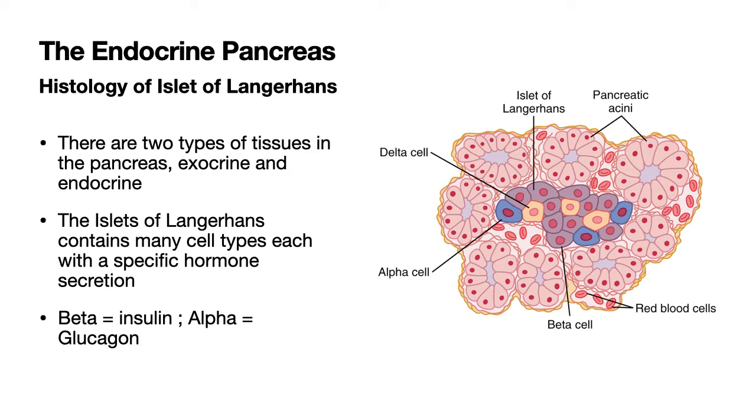You also have the alpha cell and the delta cell. So these cells make up the islet of Langerhans. So the islet of Langerhans contains many cell types, and each cell here will secrete a specific hormone. For example, the beta cell, which makes up most of the islet of Langerhans, will synthesize insulin. The alpha cell will synthesize glucagon. So the question here is, how do these individual cells secrete their hormones in response to the levels of glucose in the blood?